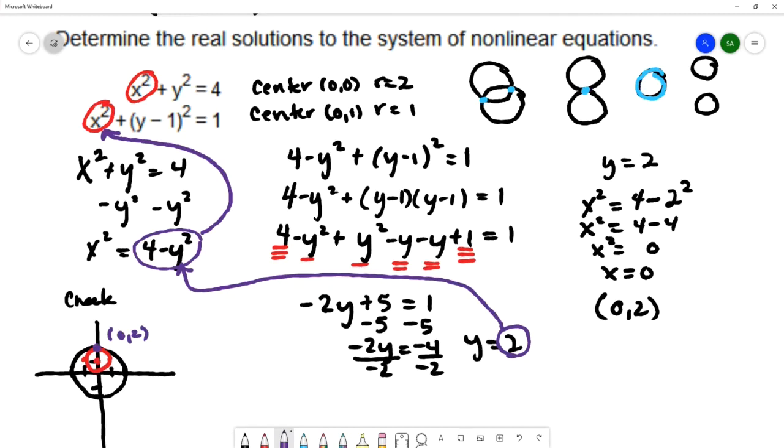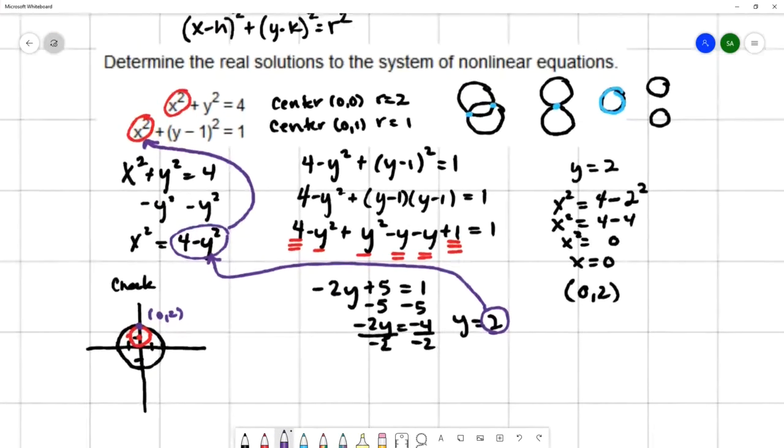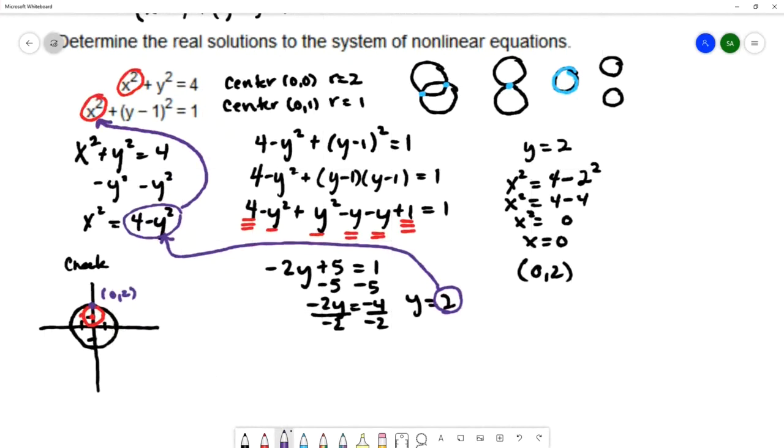Then to check it algebraically, checking is always a good idea when questions come up on a test. Make sure that you don't make any simple arithmetic mistakes. So let's check 0, 2. In the first equation, that would give 0 squared plus 2 squared equals 4, and 2 squared does equal 4.